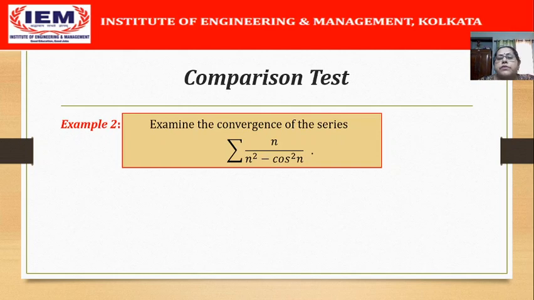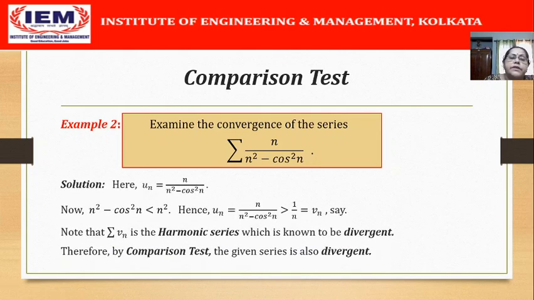Examine the convergence of the series summation n by n square minus cos square n. So here our first series sigma un is such that un is n by n square minus cos square n. And now observe, of course, n square minus cos square n is less than n square.